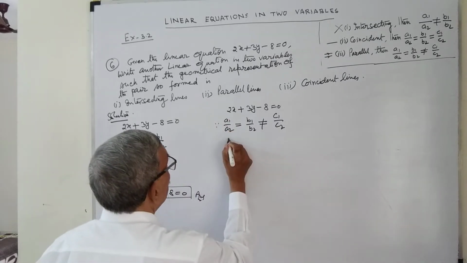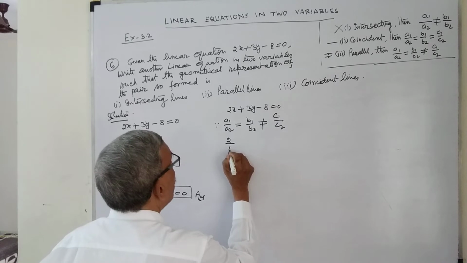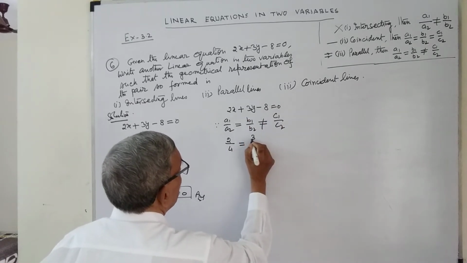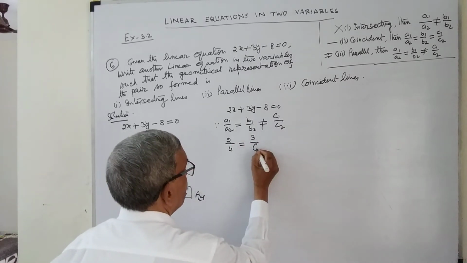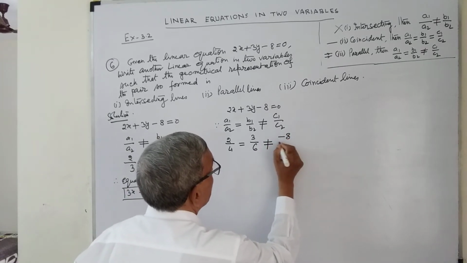So a1 is 2, let us take 2 upon 4, this is equal to 3 upon 6, the double of it. Double of 1 is 2, double of 3 is 6, and it is not equal to minus 8 upon something.